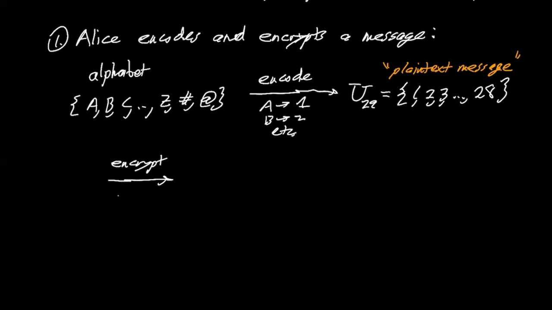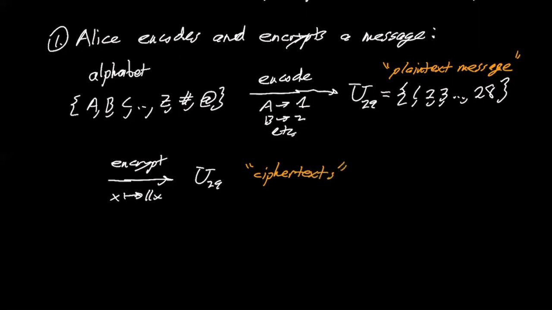And so the example we used was x goes to 11x. That was our encryption function, right? And that gave us, so we end up in U29 again. And this is the set of ciphertexts, is what they're called, sort of the gibberish ciphertext.